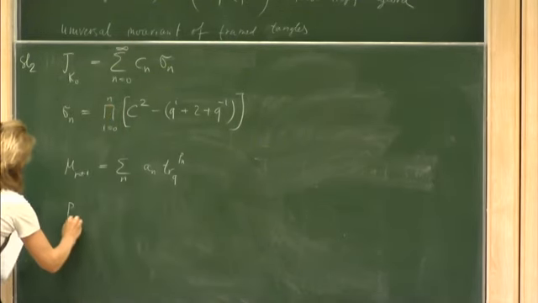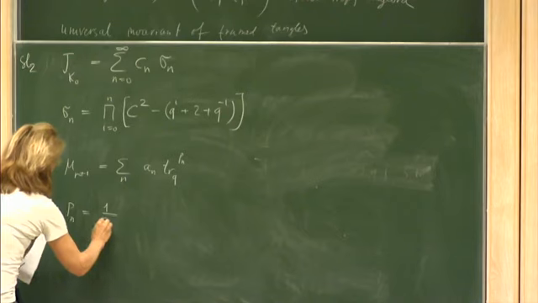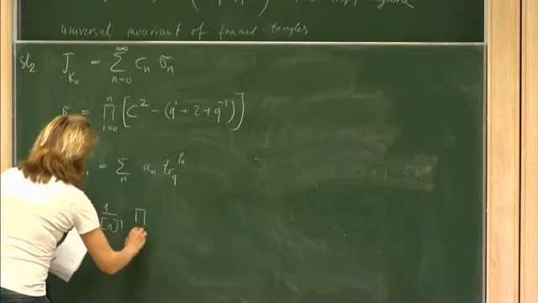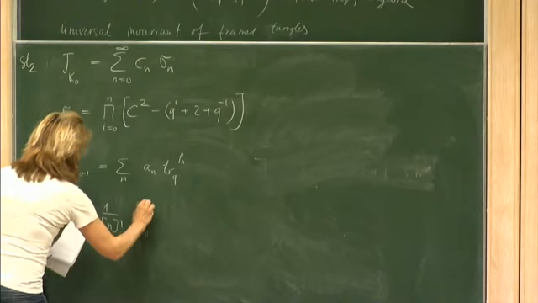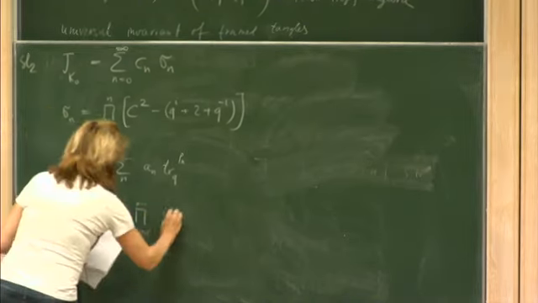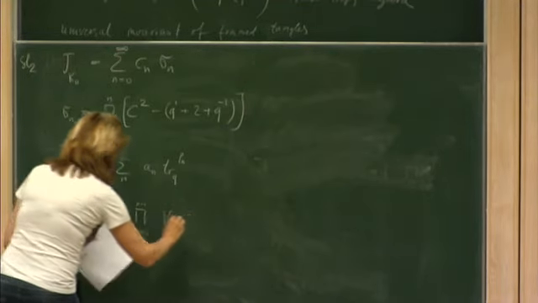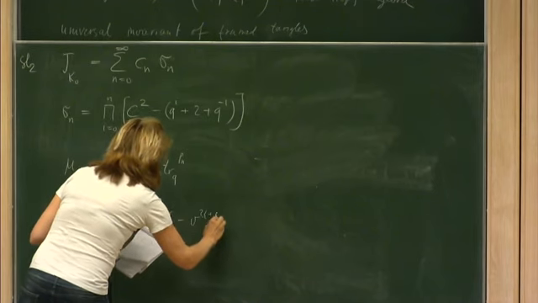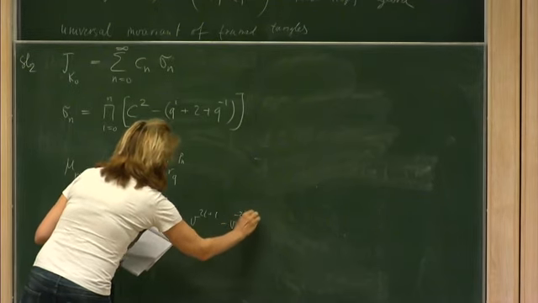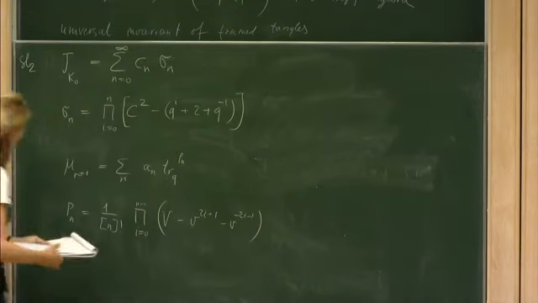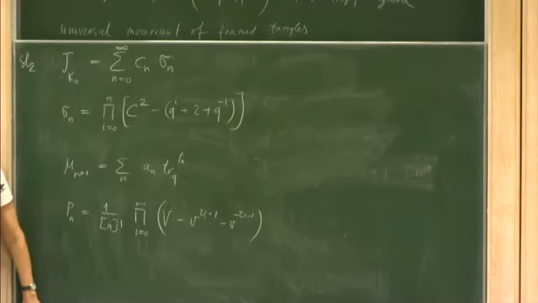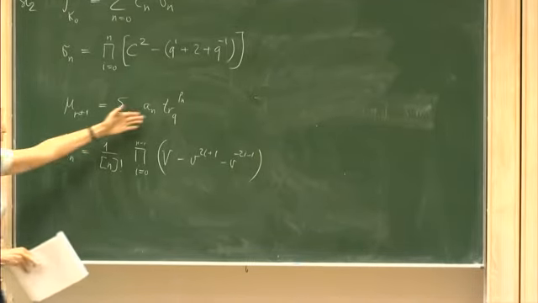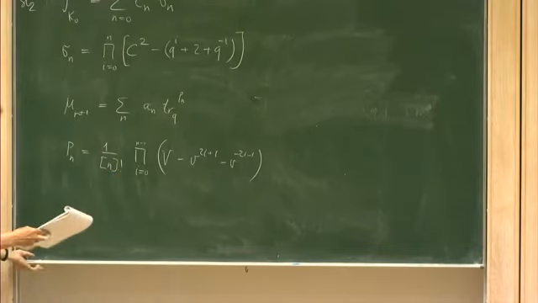Pn are defined as 1 over the quantum n factorial, of a product for i from 0 to n minus 1, where V is the fundamental representation, of V minus q^(2i) plus q^(-2i-1). So this is an element of the Grothendieck ring. It's a color, so it's a quantum trace in this representation.